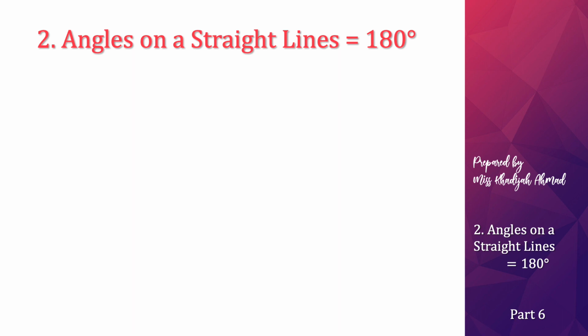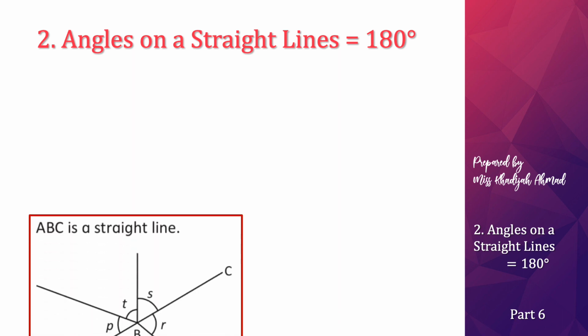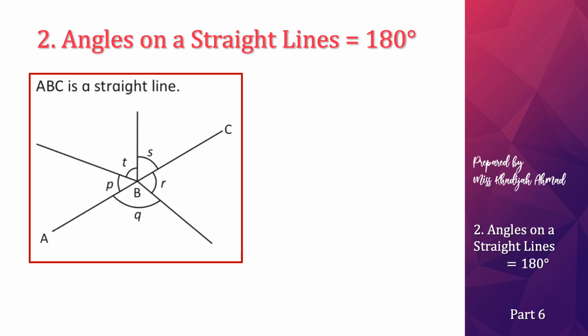Next example, we are still on page 103 now, question 2C. Here, our straight line is line ABC. So we know above or below the straight line, all of the angles, the sum must be 180 degree.